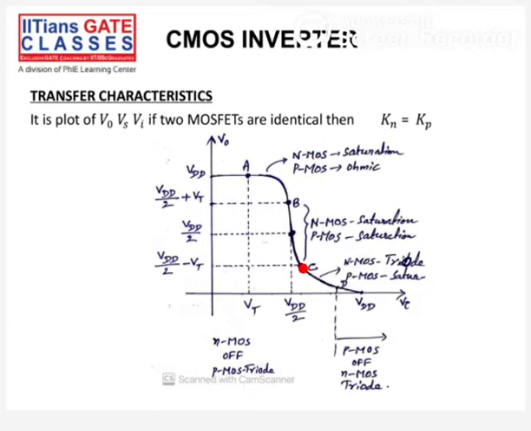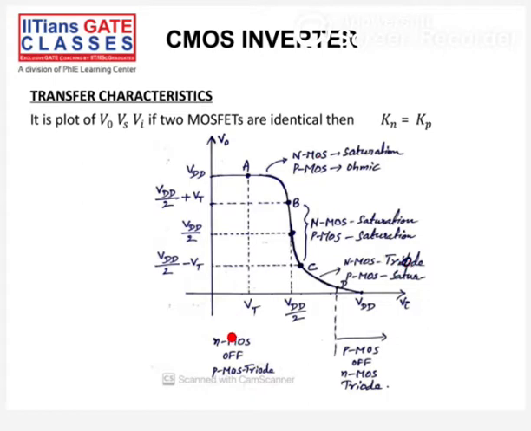After this point C, if we move further, we see the NMOS enter into triode region. It started from off condition, entered into saturation, and now it has entered into triode region.